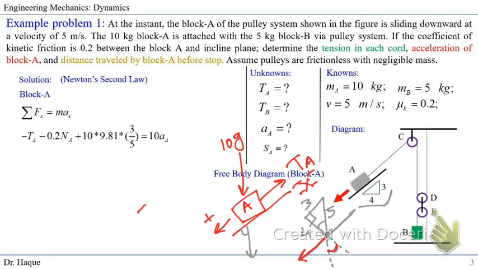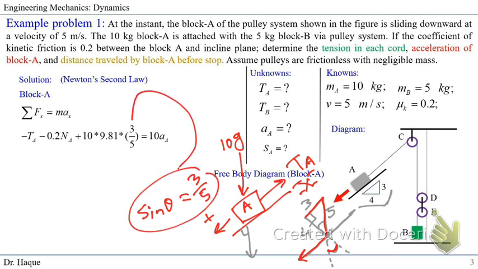So we know sine theta equals this length over hypotenuse, so we will have 3/5, and this is what we put here, and the 10z is 10z. And on the right side we have mass and acceleration.